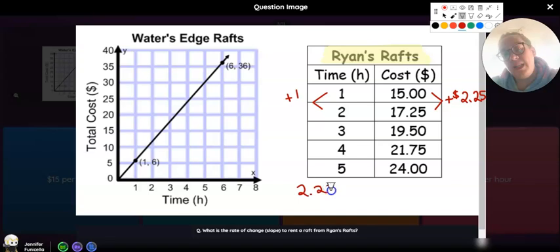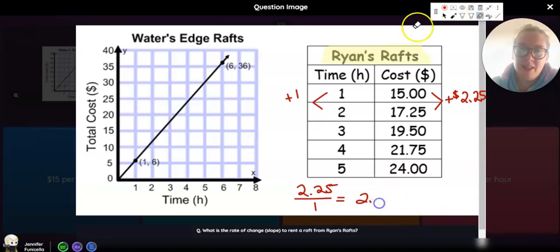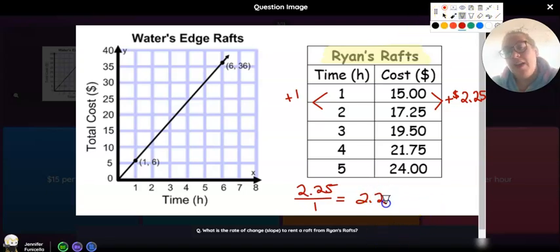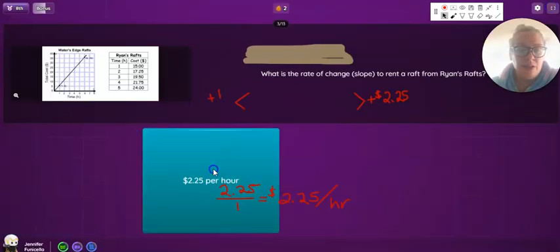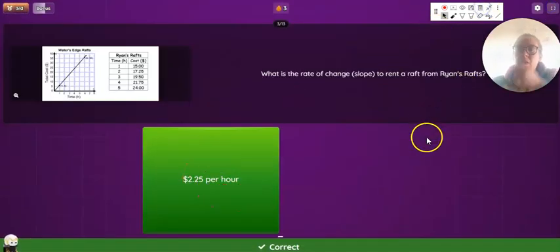So 2.25 divided by 1 is just 2.25. There we go. So that means it's $2.25 per hour for Ryan's rafts. $2.25. Beautiful.